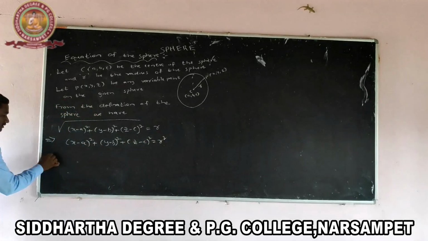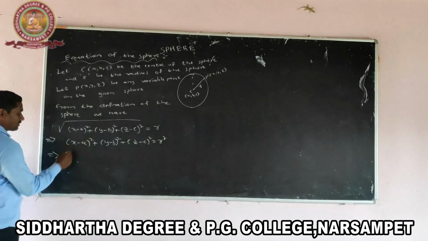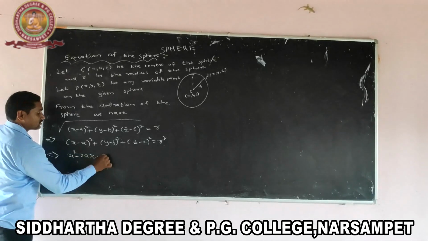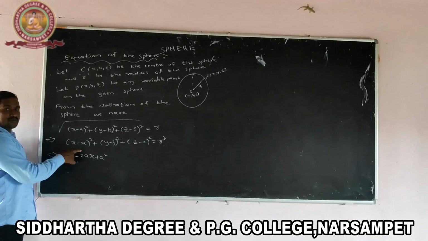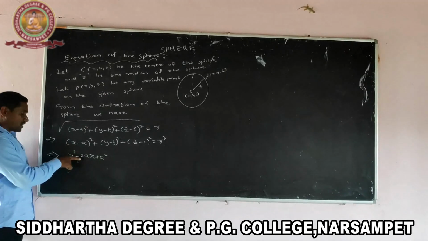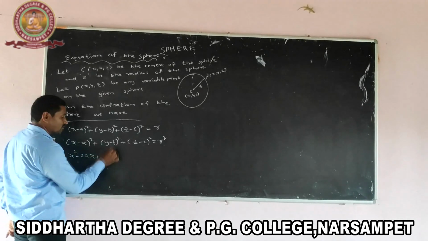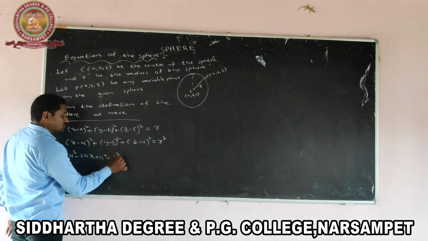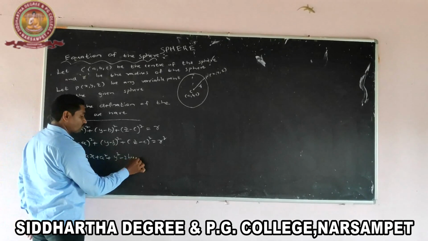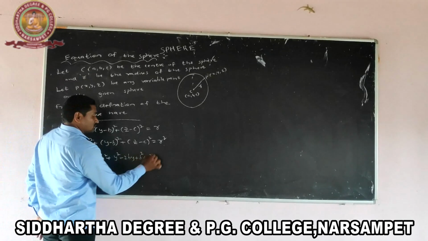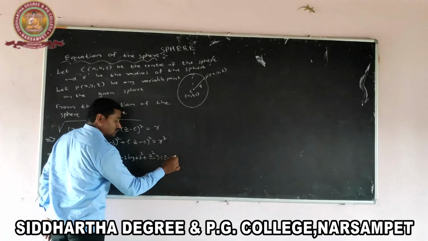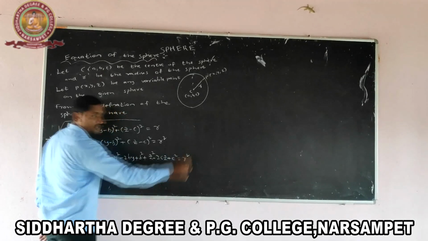Now using the (a minus b) whole square formula, which is a square minus 2ab plus b square, we can write x square minus 2ax plus a square, y square minus 2by plus b square, z square minus 2cz plus c square, equal to r square.